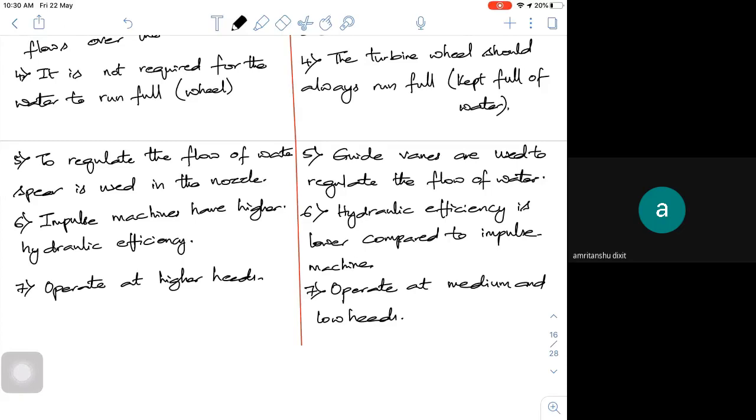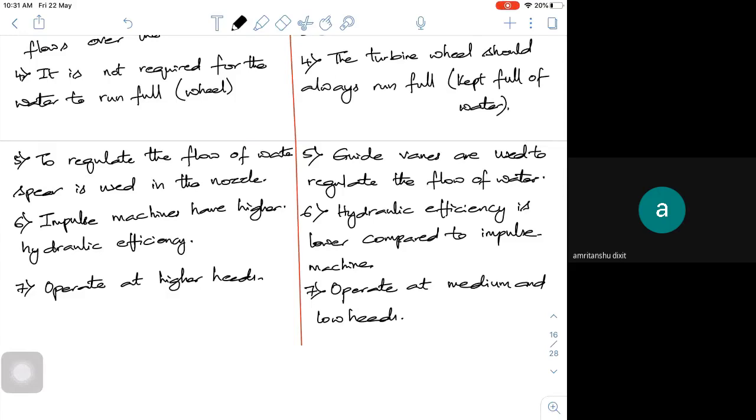Okay, and if you look at the possible impact of atmospheric pressure, in case of your impulse machine, it's not that much affected because almost the pressure inside your casing will be atmospheric. But in case of a reaction turbine, at any given point, the pressure drop should be smooth enough.